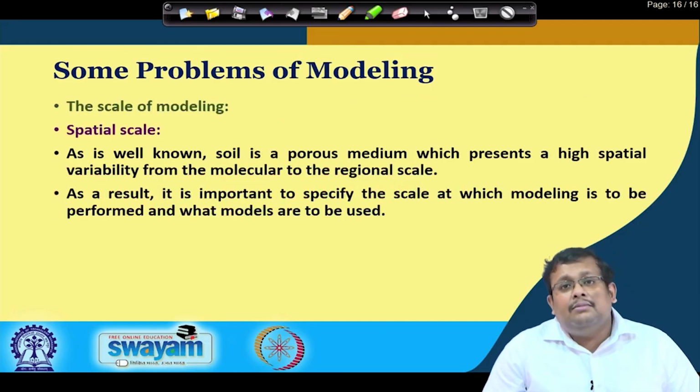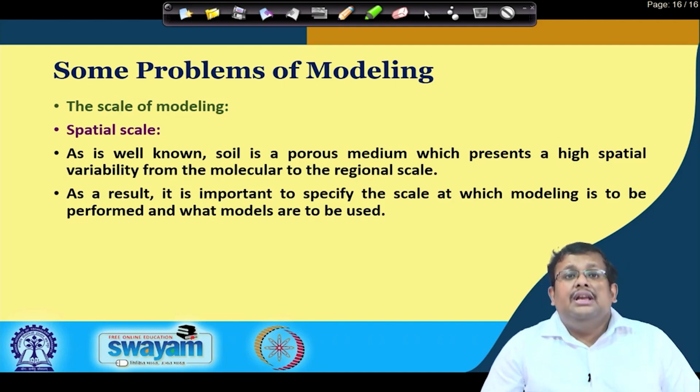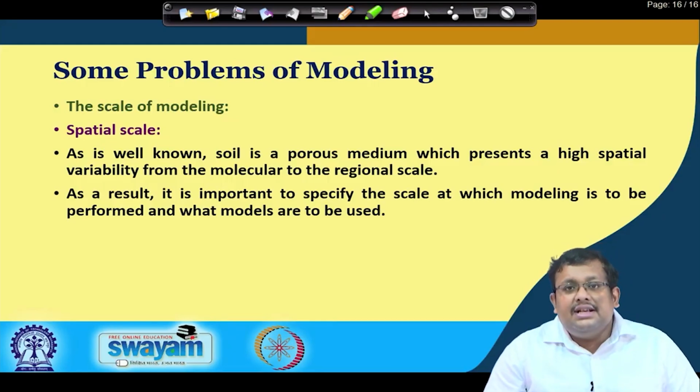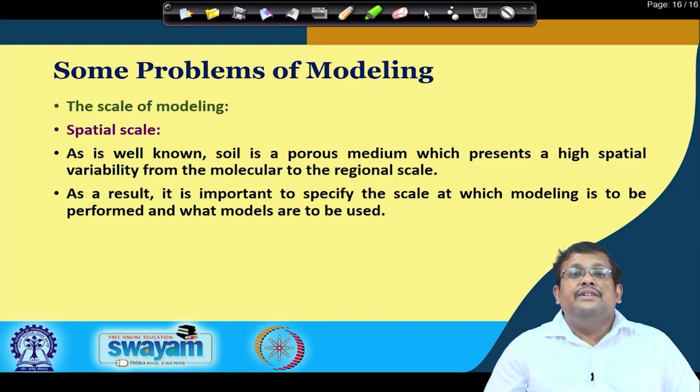Now, the scale of the model is basically denoted in terms of spatial scale. As is well known, soil is a very porous medium which presents a high spatial variability. We just discussed the spatial variability of the soil when we were discussing preferential flow in our last lecture. So, soil shows high spatial variability from the molecular to the regional scale.